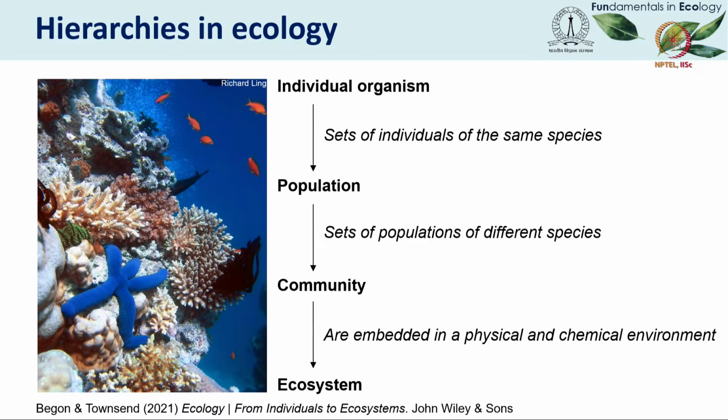In the ecosystem, what you have is a set of populations of multiple species with energy and matter flowing through both the abiotic environment as well as through the biomass of species. And so the largest unit at which ecologists typically investigate systems is what is called the ecosystem.